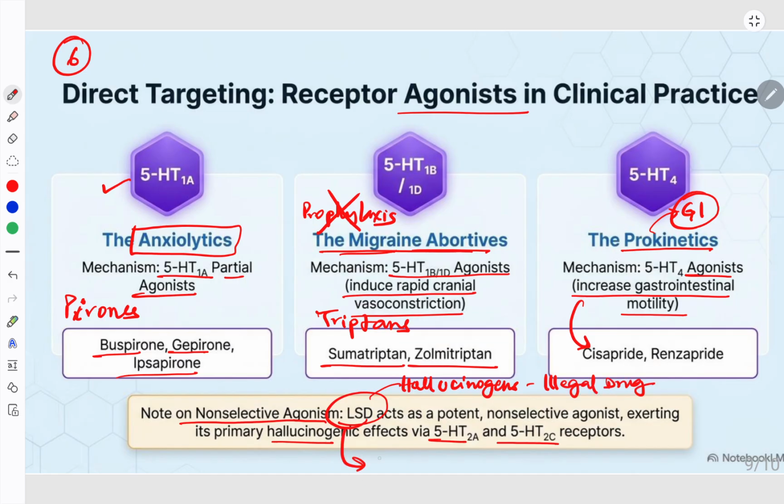LSD means lysergic acid diethylamide. They are psychedelic molecules commonly known by slang names like acid or Lucy.